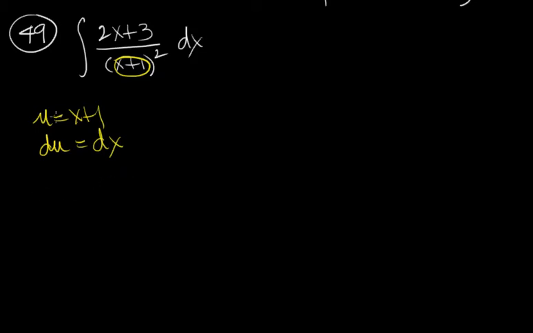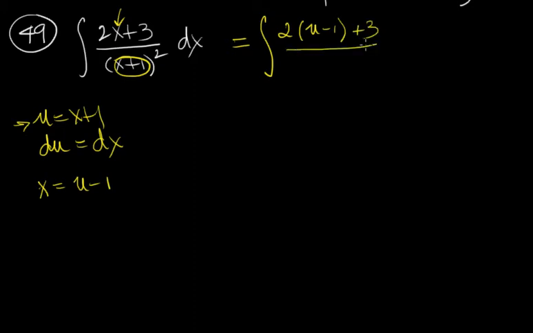So what I do in this case is change the entire integral into a u integral. And so I need to solve for x, and then put it in right here. So x is equal to u minus 1. And I get, changing this all into terms of u, 2 times the quantity u minus 1, plus 3 over u squared du. dx is du.